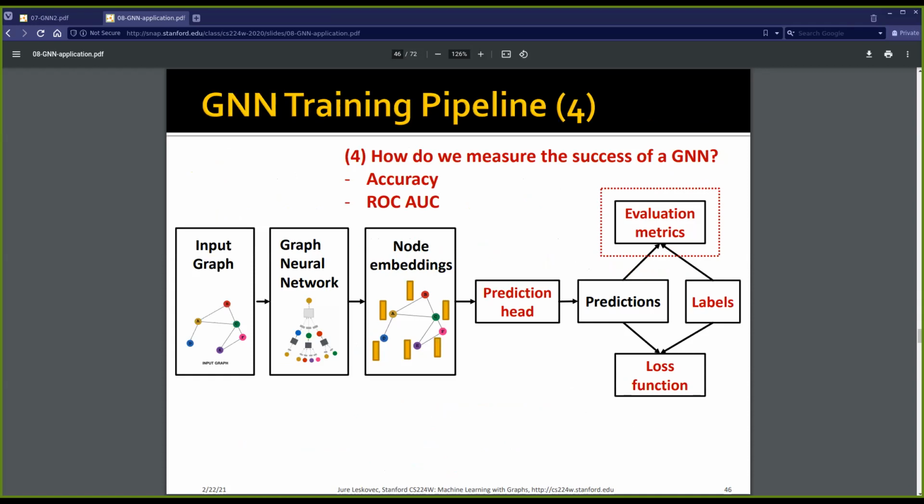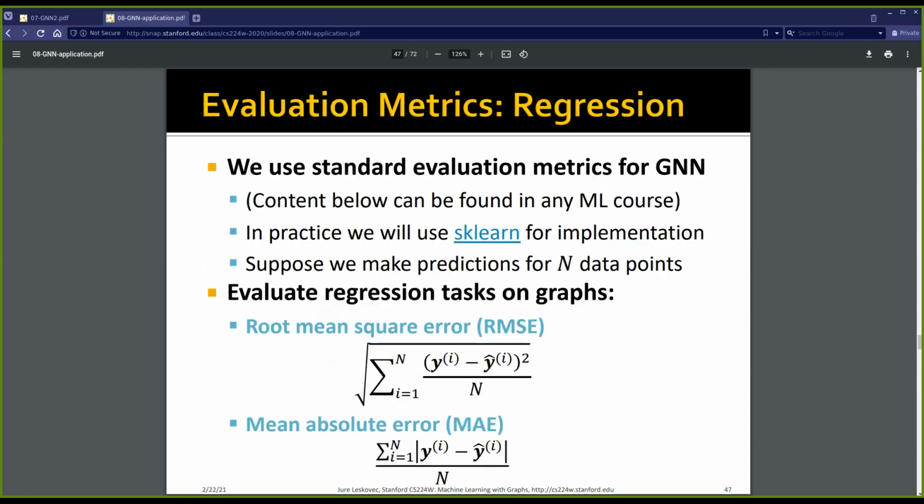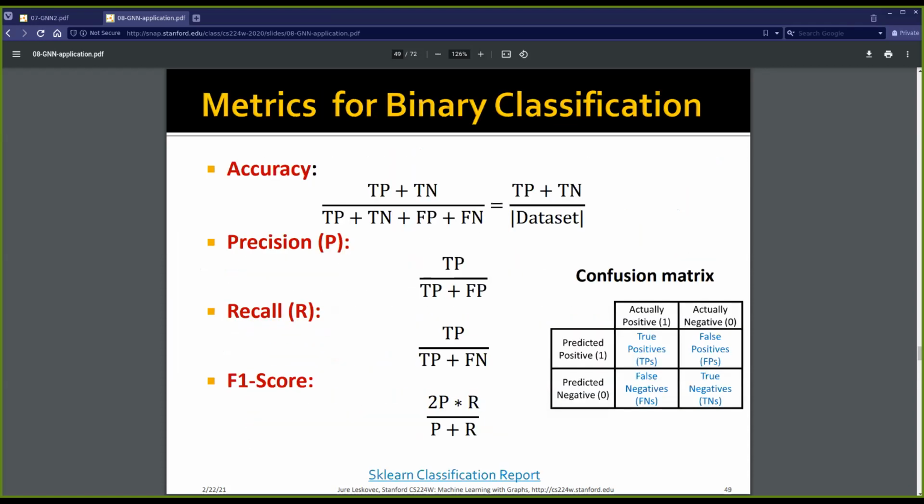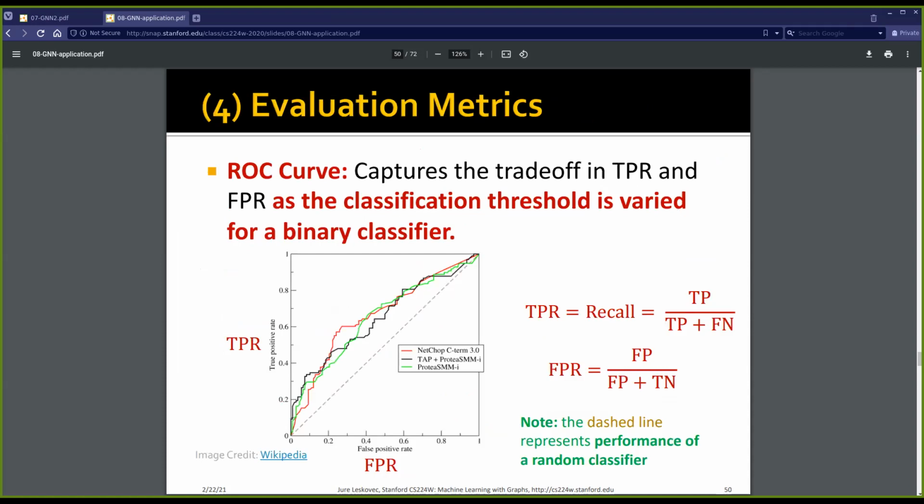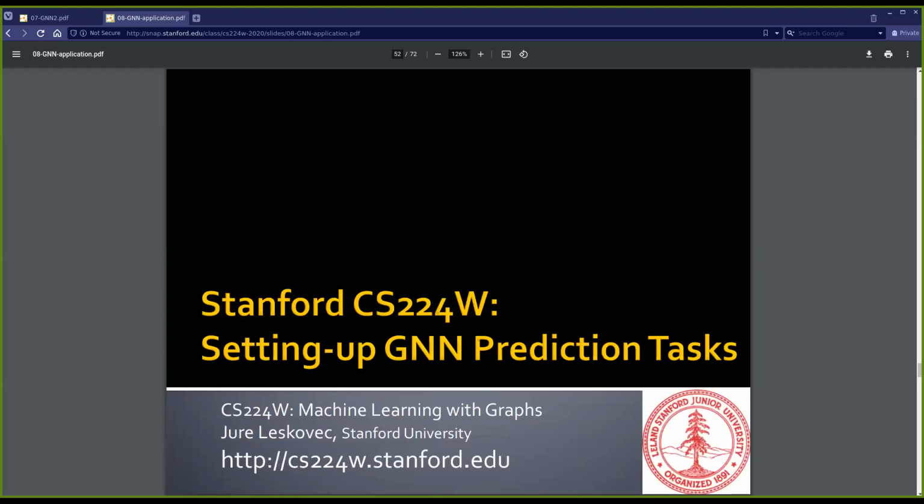This is basically the same as in any other kind of problem, not specifically to graphs. So I will skip that. You can use the basic metrics like accuracy, AUC, and so on. So that's basic stuff we should know. Okay.